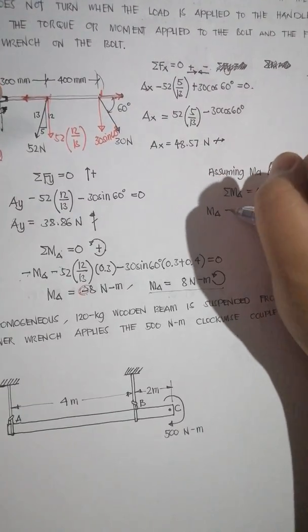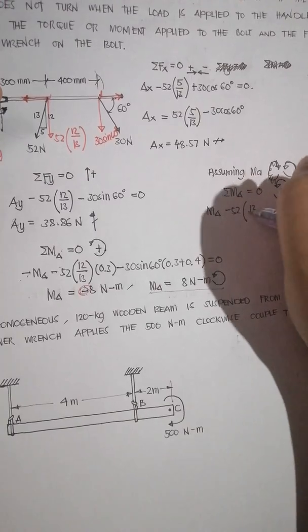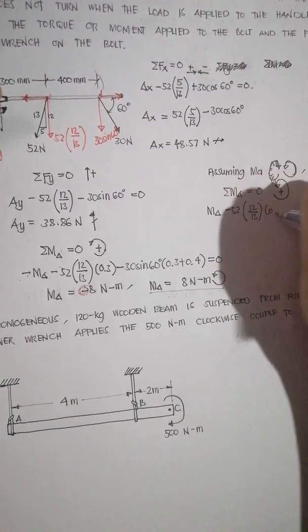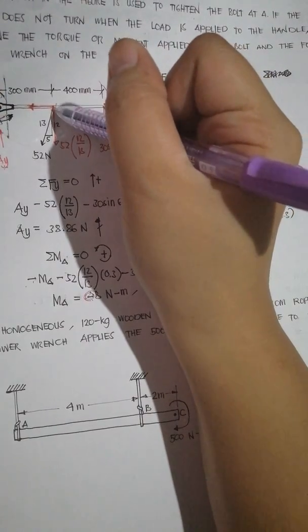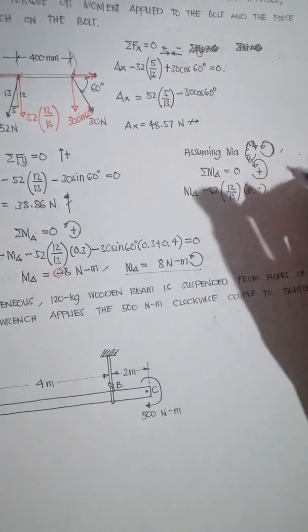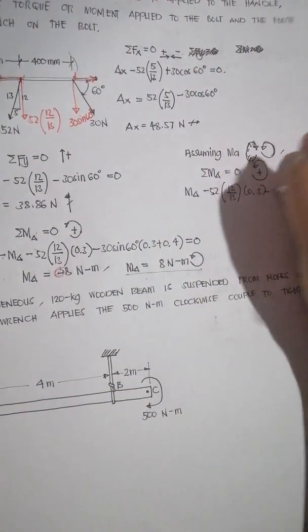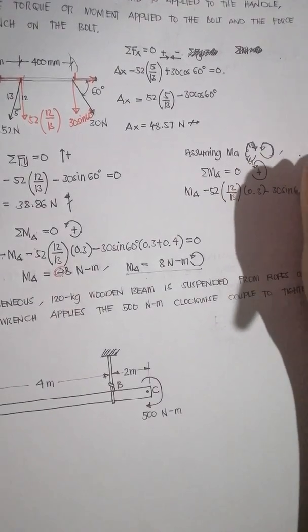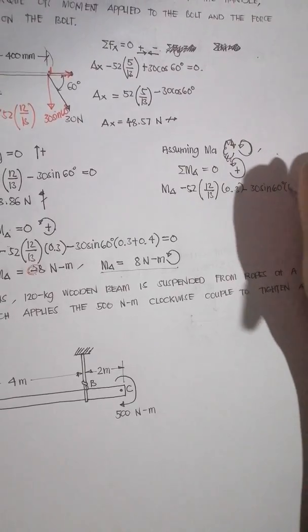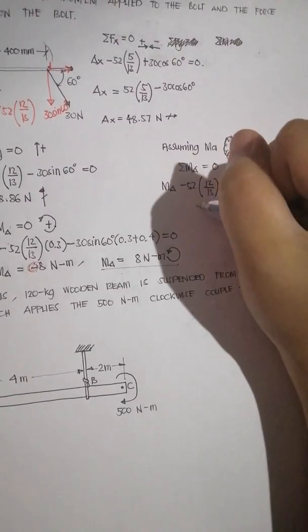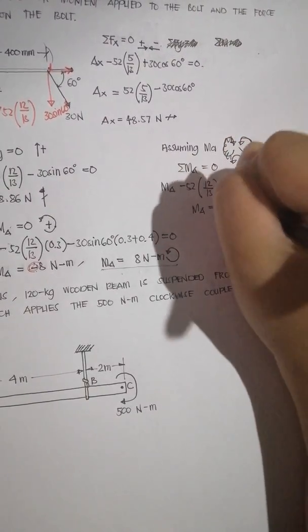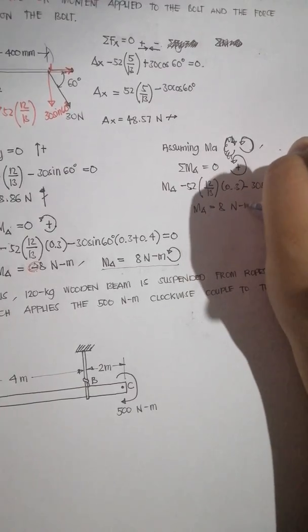Then we have minus 52 times 12 over 13 times 0.3. Still, this is negative because this is a clockwise rotation. Then minus 30 sine 60 times 0.7. So what you get from this equation is directly a positive value of MA.